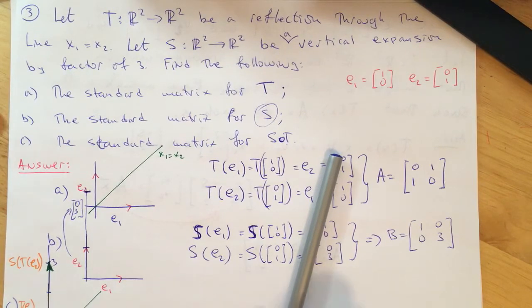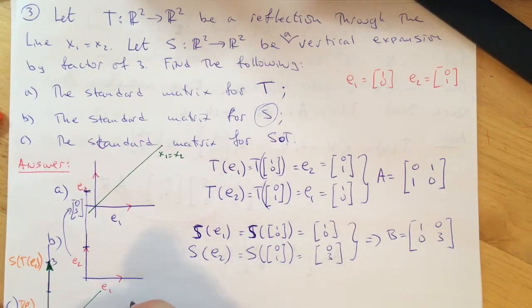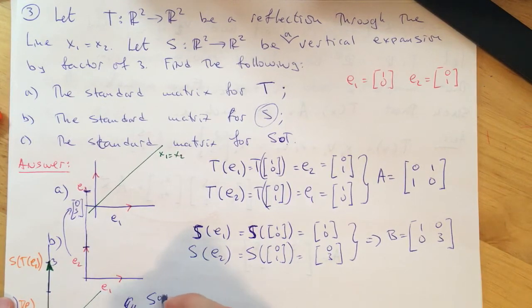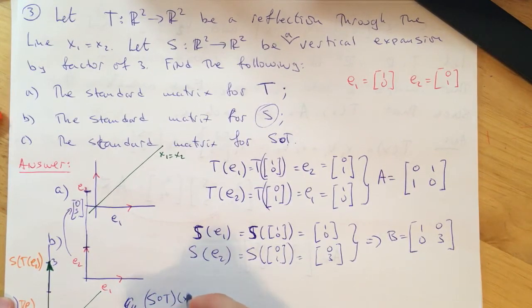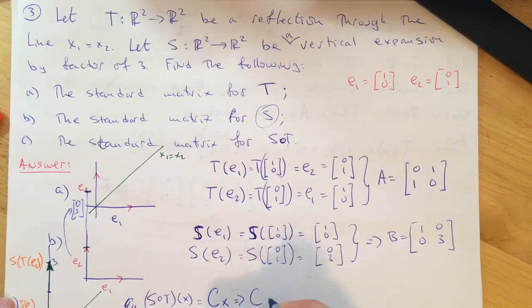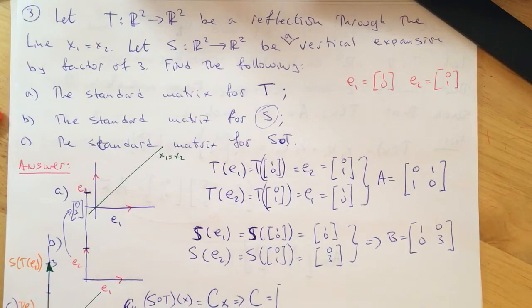Okay, so let's see what happened to the, let's call this matrix C. Okay, so S composed with T of x is equal to the matrix C times x. Okay, and C is going to consist of the columns that are images of the standard unit vectors.